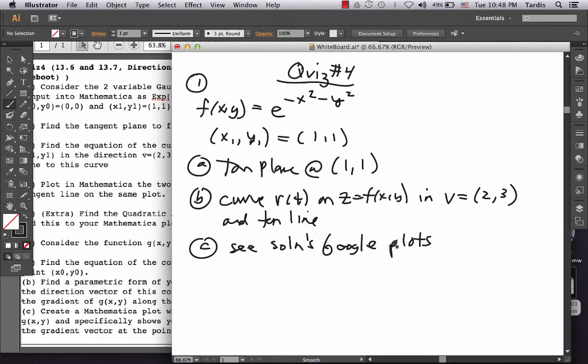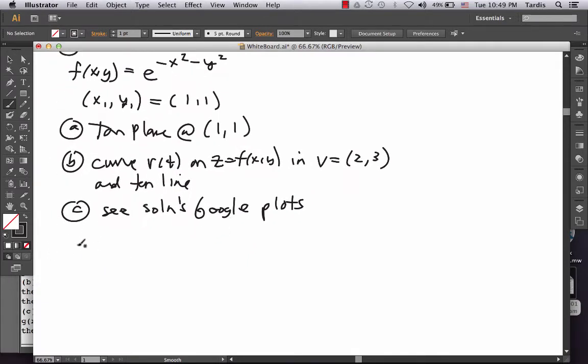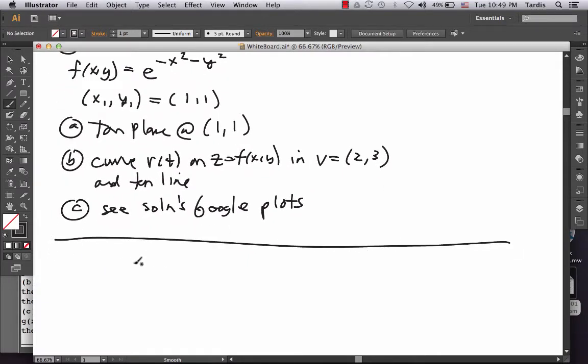Okay, so here's our function. Let's finish this problem number 1 first. Okay, so part A is pretty straightforward. You need to find the equation of the tangent plane. That's the linearization, L of xy. It's simply the function evaluated at the point that you're interested in.